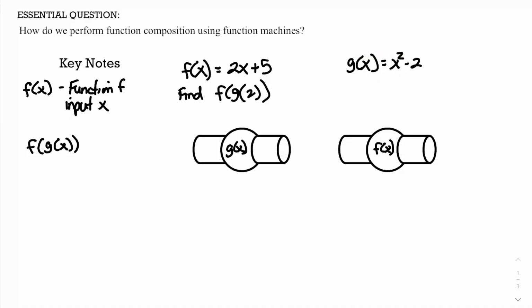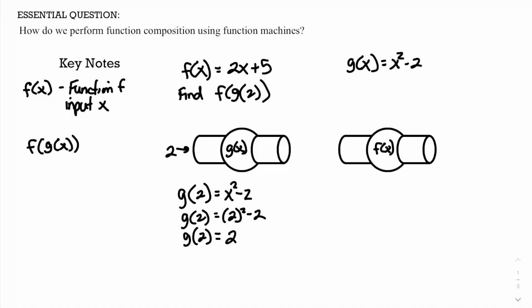So we're looking for g of 2, of x squared minus 2. We're going to take 2 and plug it into this function. So plugging in 2, we get 2 squared minus 2. 2 squared is 4, and 4 minus 2 is 2.